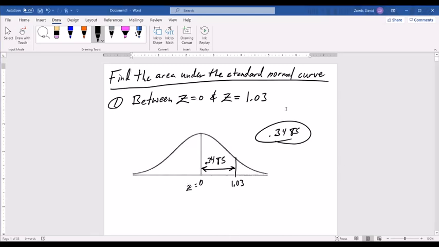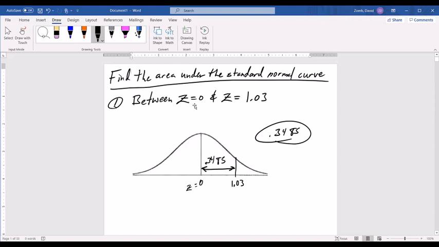So to recap what was done, I put 0, put 1.03 in a mark for it, drew a double arrow from 0 to that z-score. Then I looked up 1.03 on the table, so 1.0, and this is 1.03, and got 0.3485, which is inside the table, so it goes inside the picture. 1.03 is outside, so it's outside of the picture.